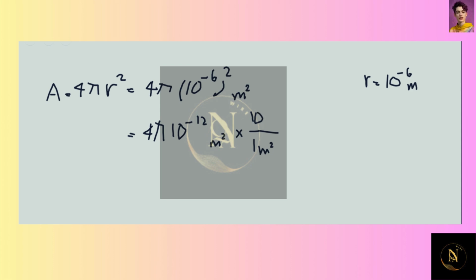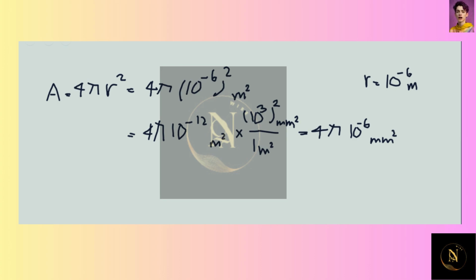That means 10 to the 3 millimeters, and I need to square this to get millimeters squared. So my final answer for the surface area of a sphere will be 4 pi times 10 to the minus 6 millimeters squared.